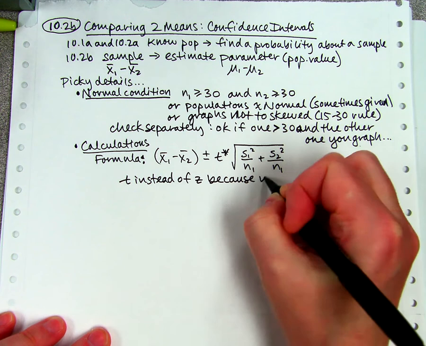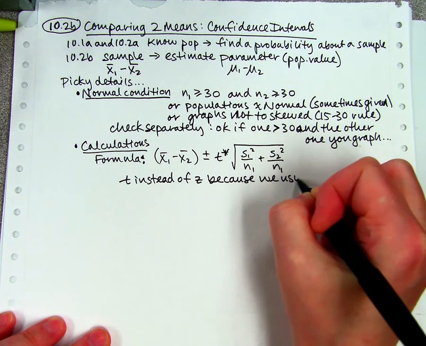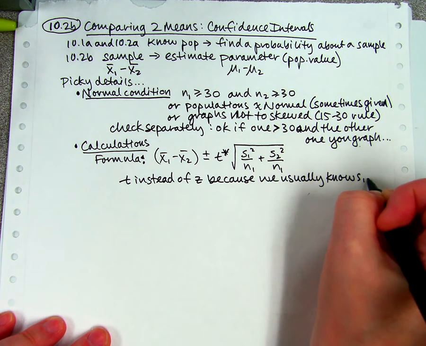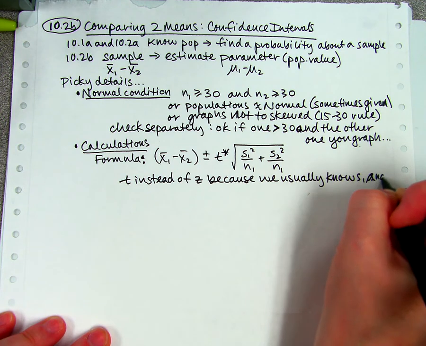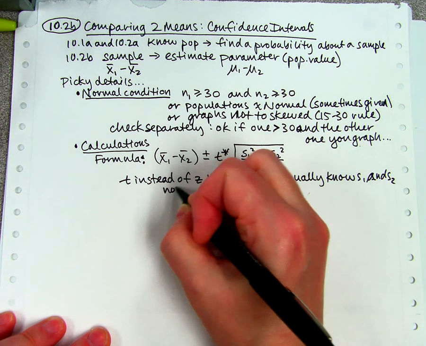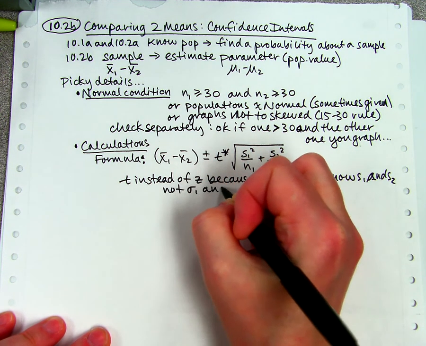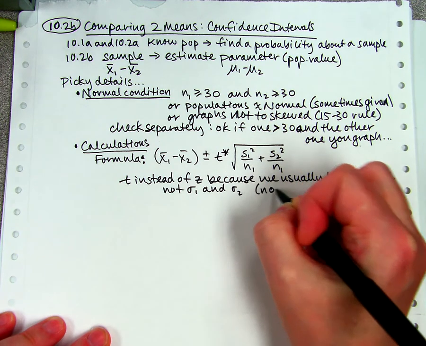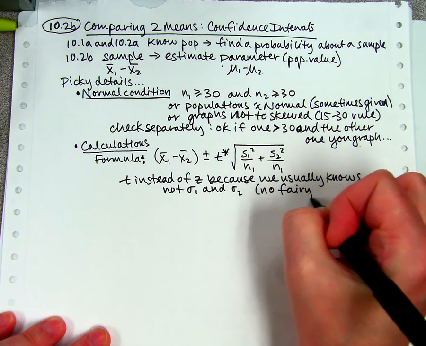Because we almost always, or usually, know S1 and S2, not sigma 1 and sigma 2. In other words, the fairy usually does not show up and help us out.